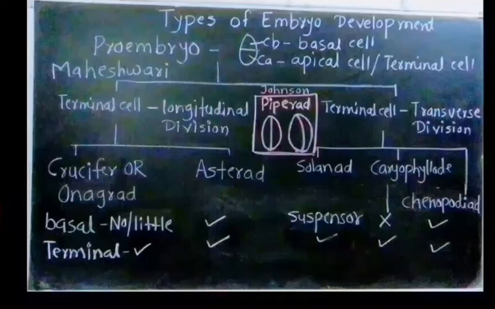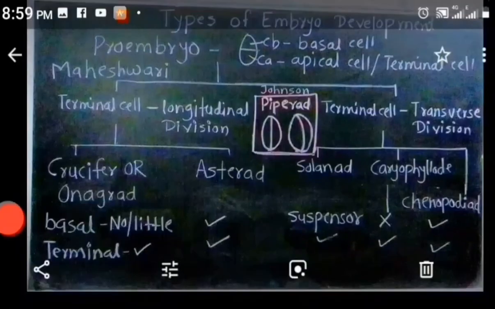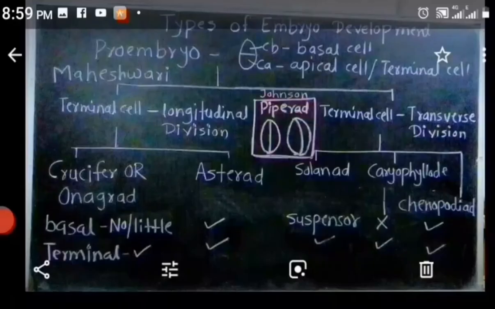The terminal cell divides longitudinally in both, but in the crucifer the basal cell has no or very little role in the development, while in the asterad it takes part in the development.